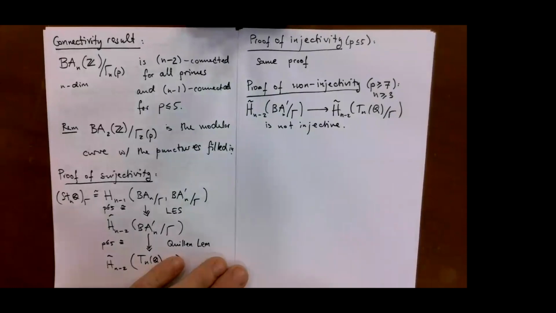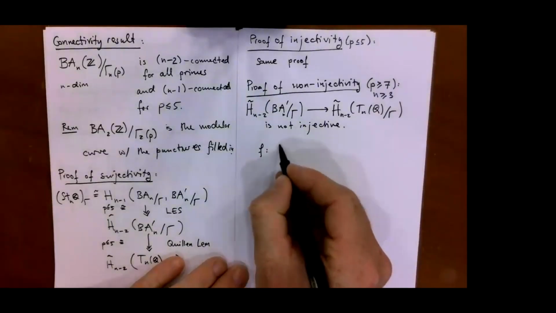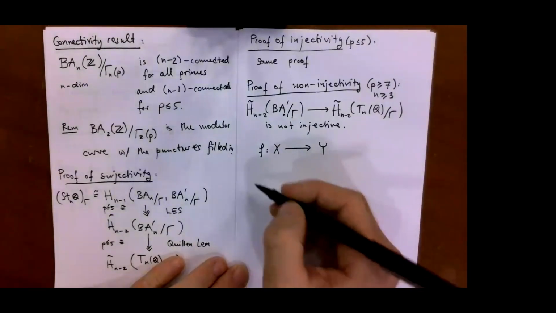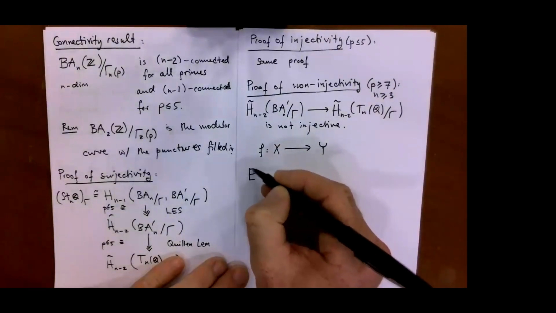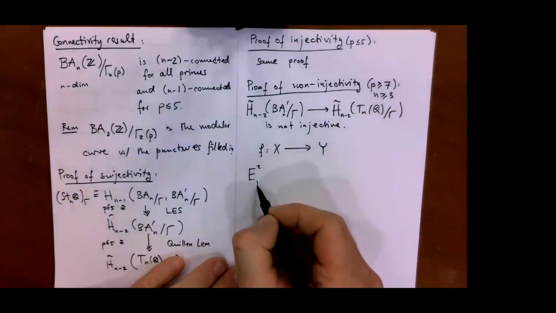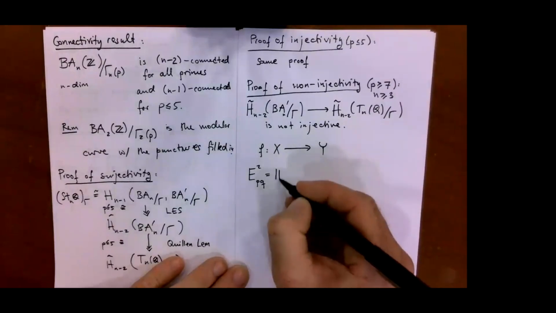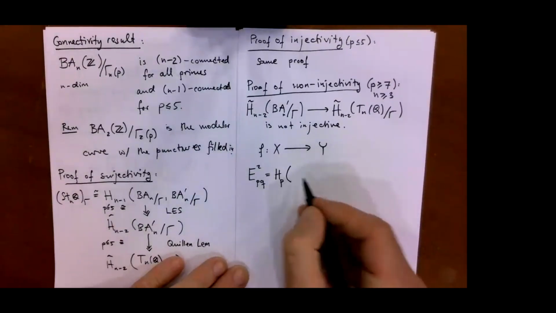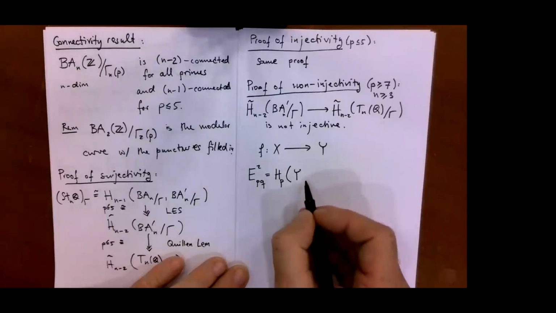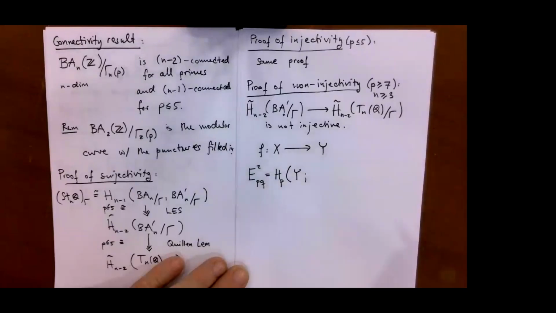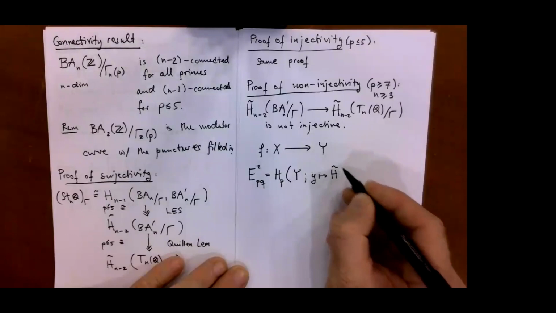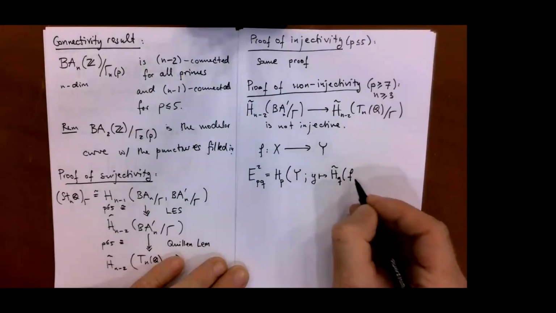So if you have a map of two posets, then there is a spectral sequence, and this spectral sequence looks like this, and I'm going to use a reduced version of it. You take the homology of the poset Y, and you have a coefficient system that sends Y to the reduced cohomology of the poset fiber.